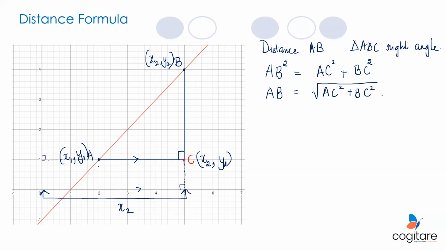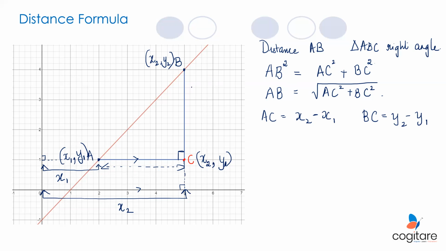And this complete distance out here is x1. So x2 minus x1 will actually give you AC. I hope you got that. Similarly, if you look at the distance BC, it is y2 minus y1. Is it clear, folks? You apply the same thing here.